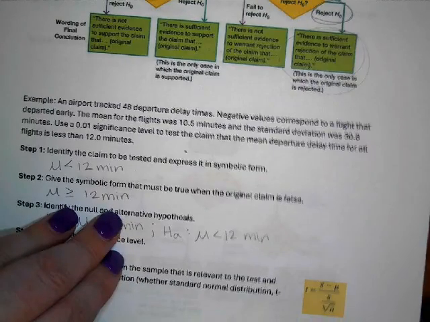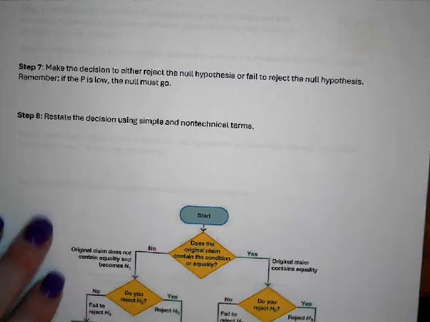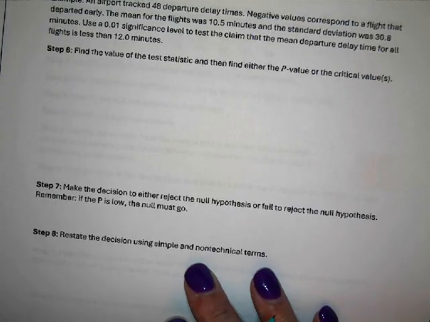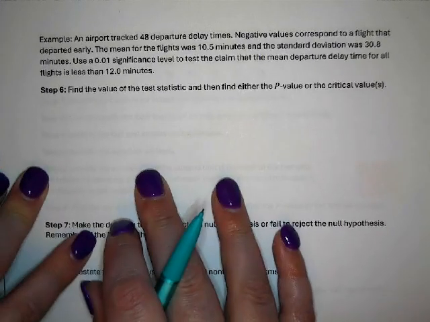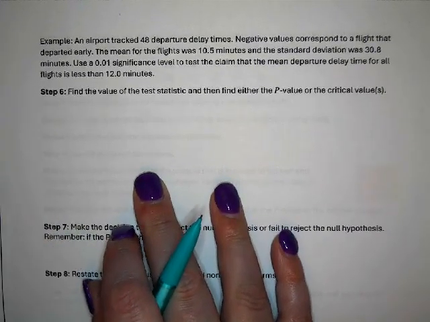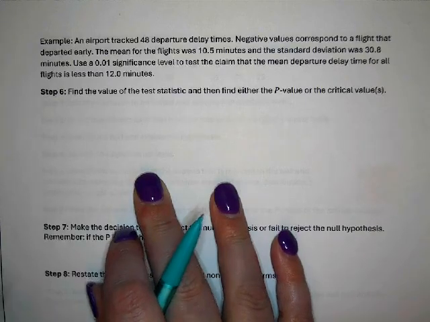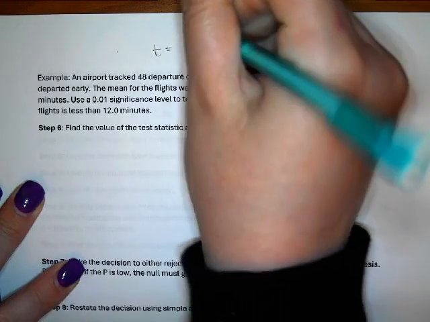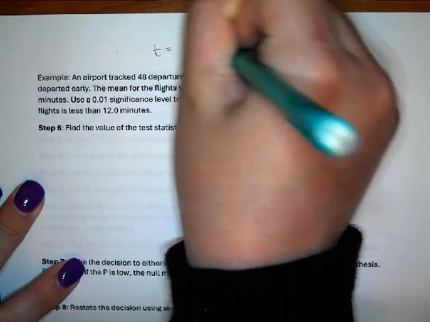Okay, so let's go through. I wrote the example problem again at the top of the page in case you need to reference it. So it says find the value of the test statistic, and honestly it probably would have been good if I had written the formula as well. I'm going to go ahead and write it now. So T is x bar minus mu over S divided by square root n.